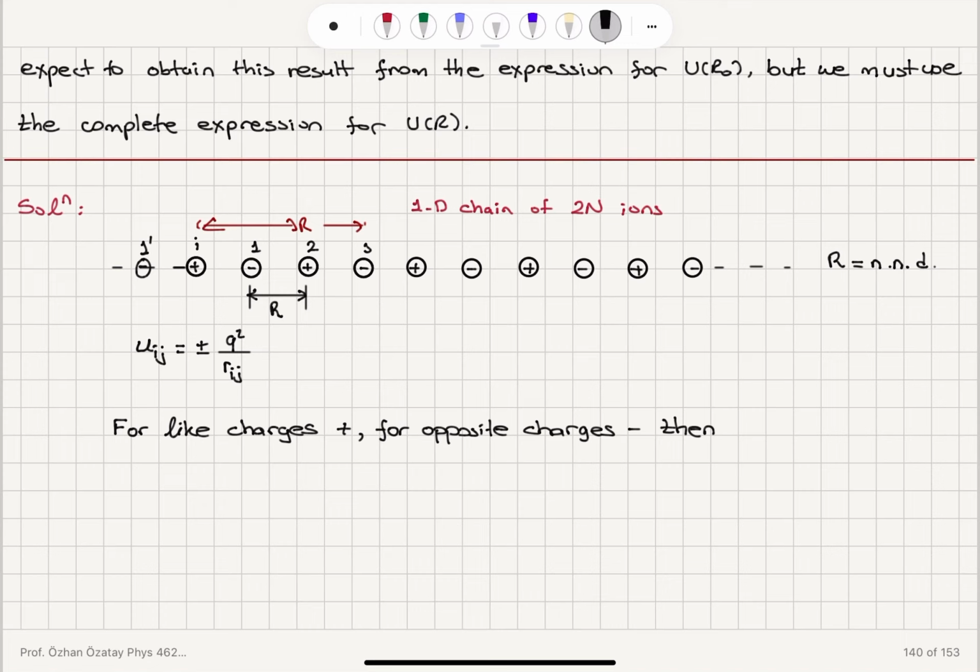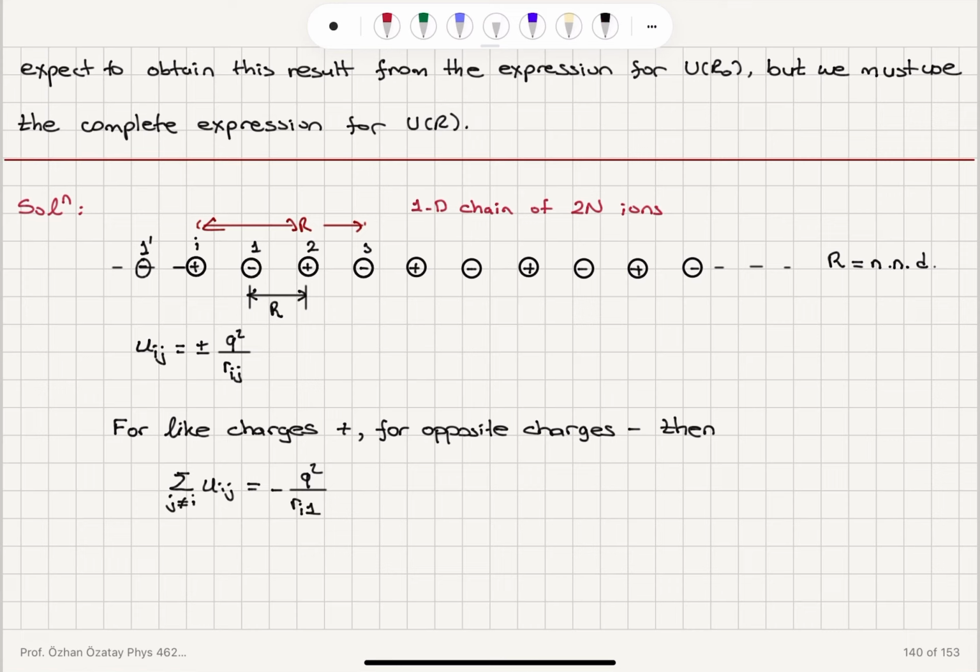Then we can write the sum over j not equal to i for the ith reference ion, the total pair potential Uij as so. Between the ith ion and the first ion, we have an attractive potential, so it's going to be minus Q squared divided by Ri1.